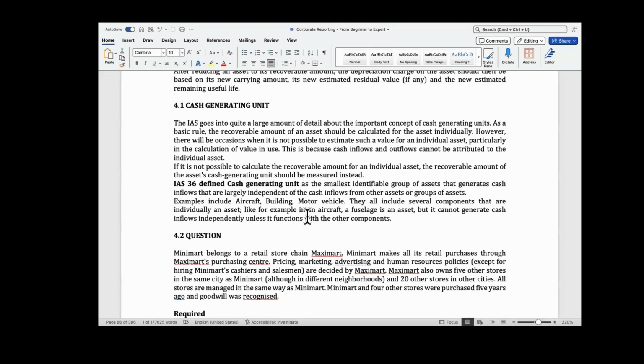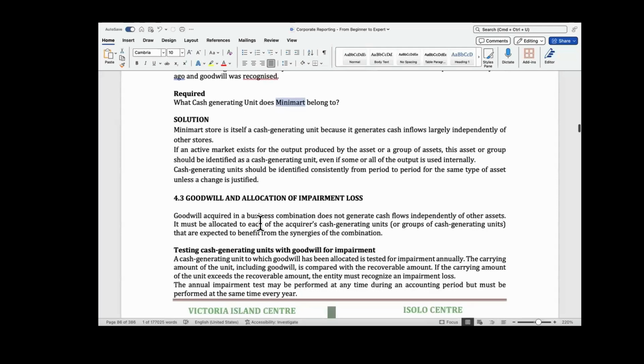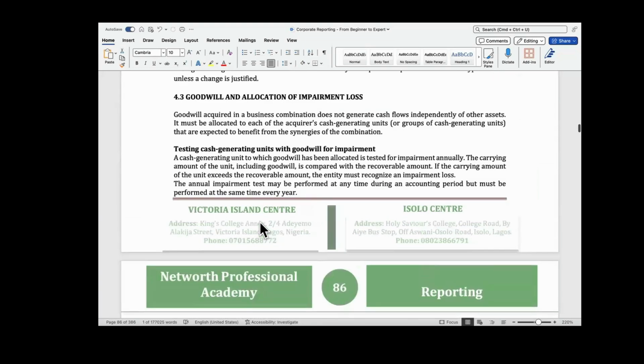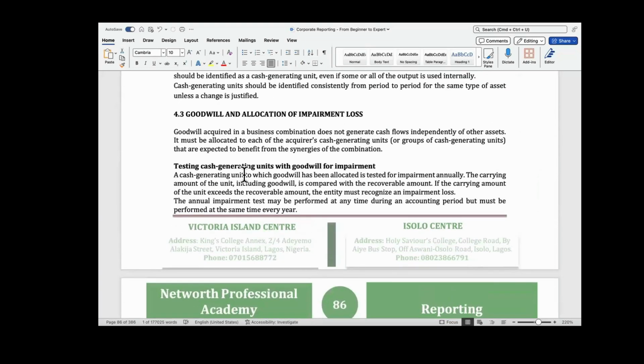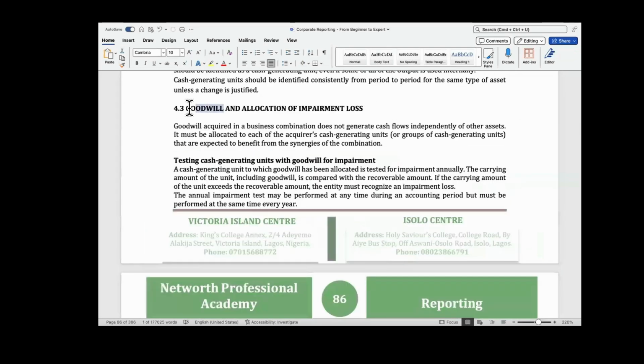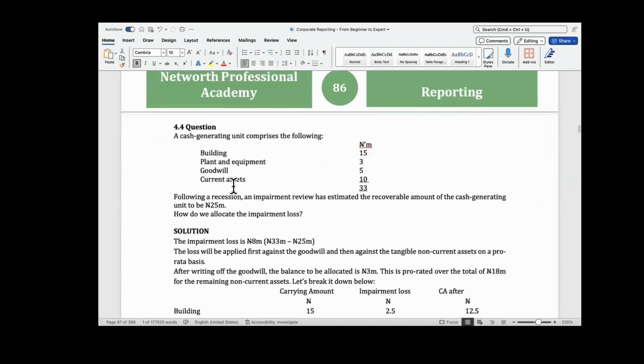So even when the cash generating unit helps us determine the impairment loss, we still have to allocate that impairment loss to individual assets. And that's the next thing I will be showing you now. Let me use this question so that you can see what we're talking about.